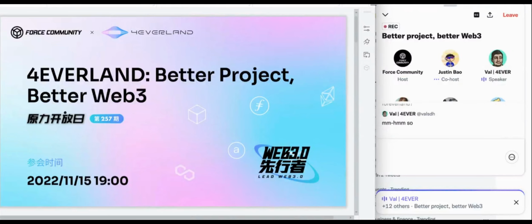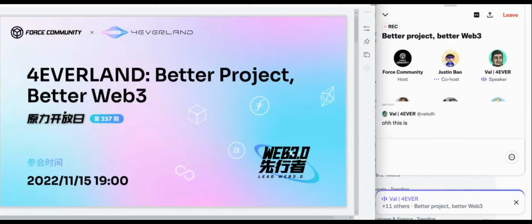Mm-hmm. If we are talking about the next stages, maybe it is important to mention what changes just happened this year. During that year, we launched two working services.